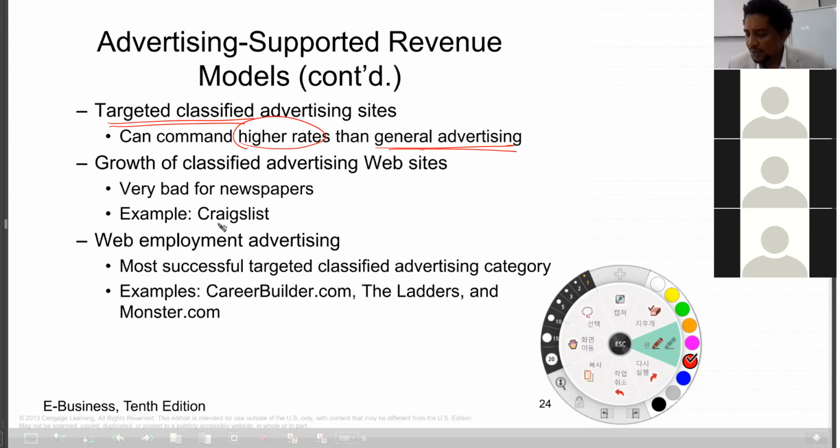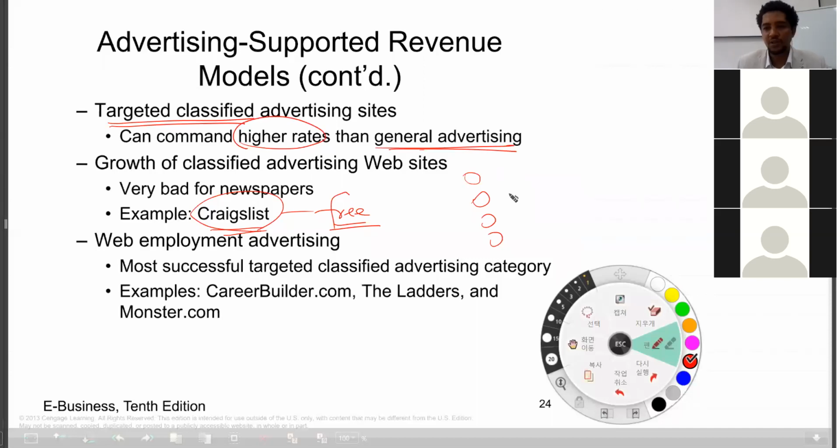For example, the business for Craigslist is not that big. Even Craigslist provides free advertising for some businesses. The reason is Craigslist is not a targeted advertising site. In Craigslist, you can find different types of products. People who want to buy a TV, a mobile phone, or furniture all go there, and you don't know which of these are interested in furniture.